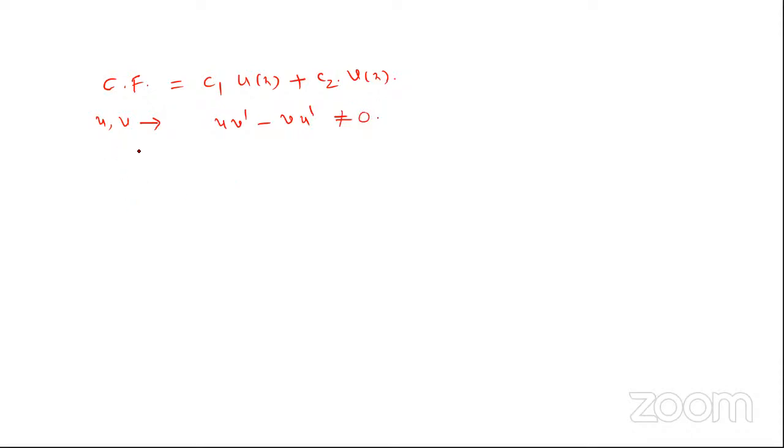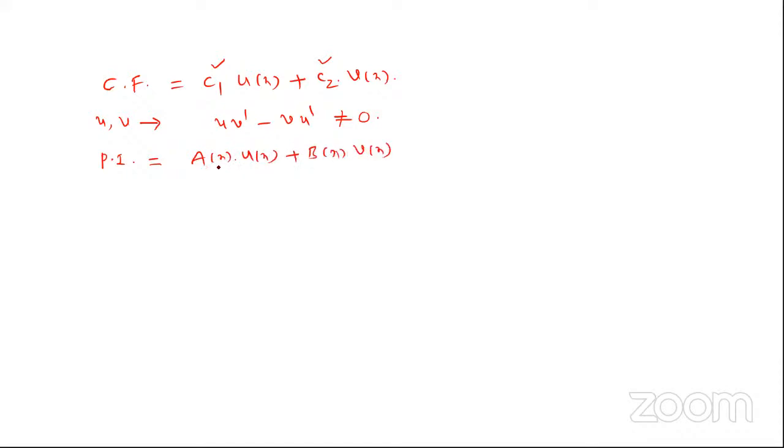Now, in order to find the two arbitrary constants c1 and c2, let us write the corresponding particular integral. The particular integral of the given differential equation is a of x into u of x plus b of x into v of x.